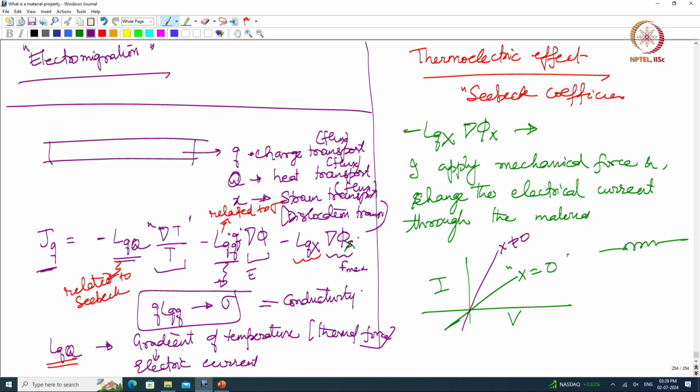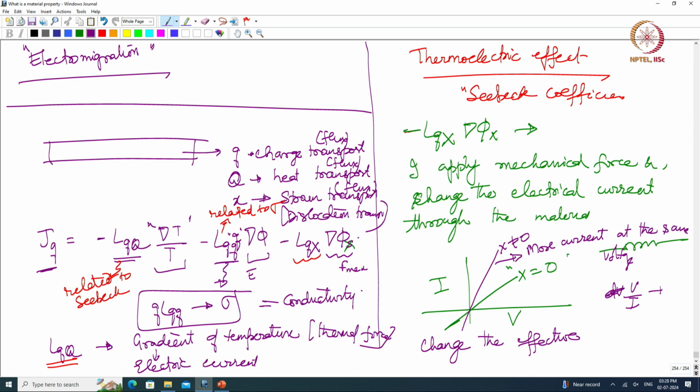I have a different curve. So, here I am sending in more current at the same voltage. So, in other words, I change the effective resistance. dV by dI or V by I gives me the resistance.